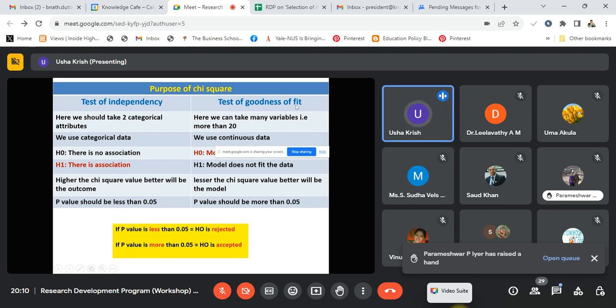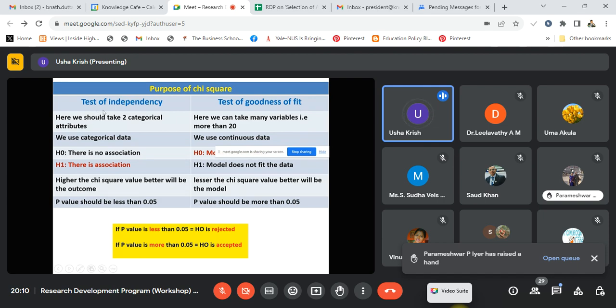We already discussed in CFA, chi-square divided by degrees of freedom, the obtained value should be less than 3. So, we have two types of chi-squares. One is used to measure the association. The other one is used to measure the goodness of fit in the model.